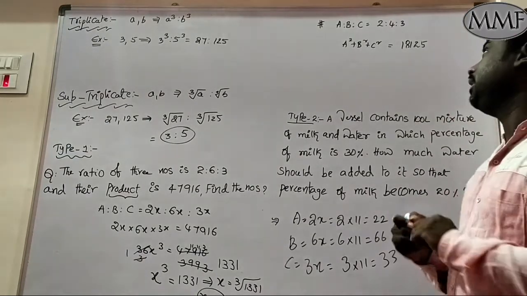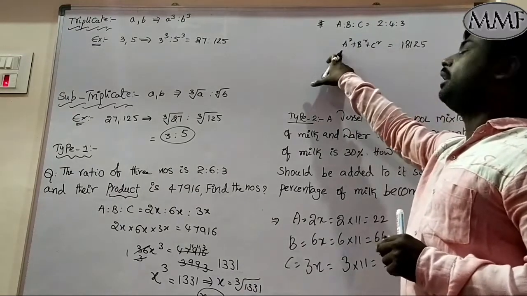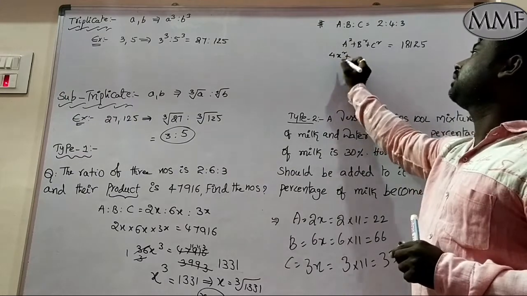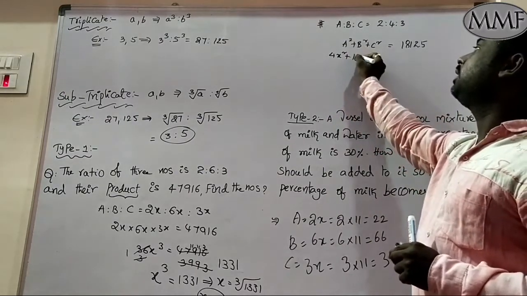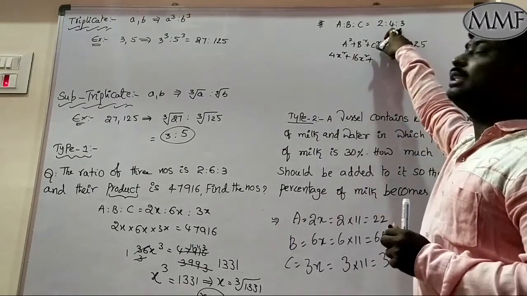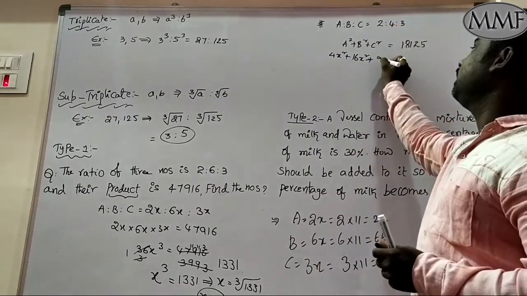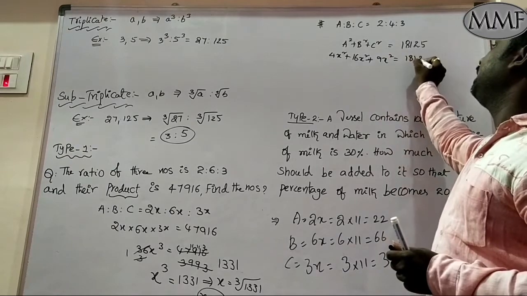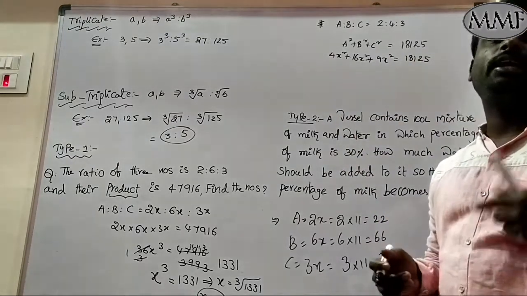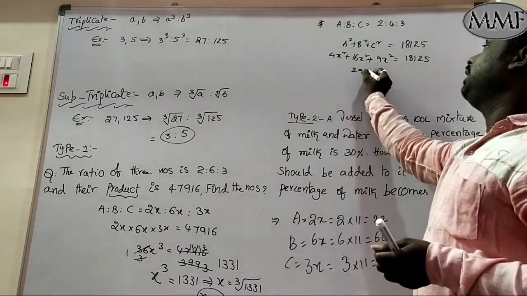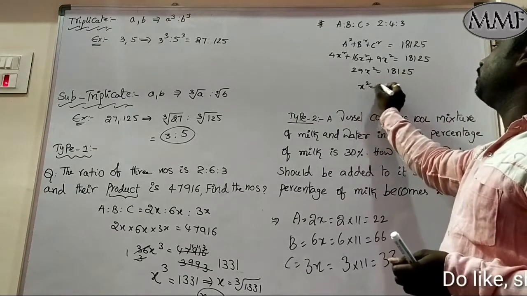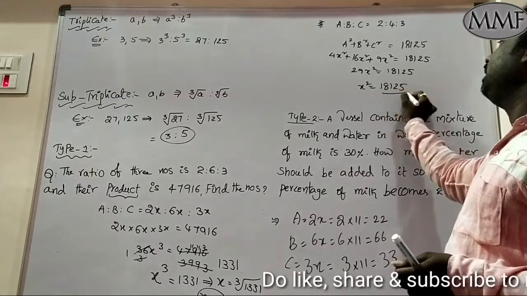This is the question, very simple. 2x square, plus 4x square, that means 16x square, plus C value is 3x square, that means 9x square, is equal to 181.25. Now 16 plus 4 is 20, 20 plus 9 is 29. So that is 29x square is equal to 181.25. x square is equal to 181.25 by 29.